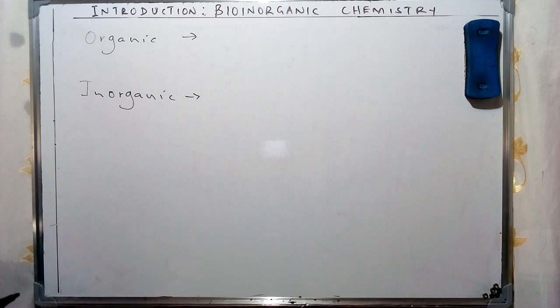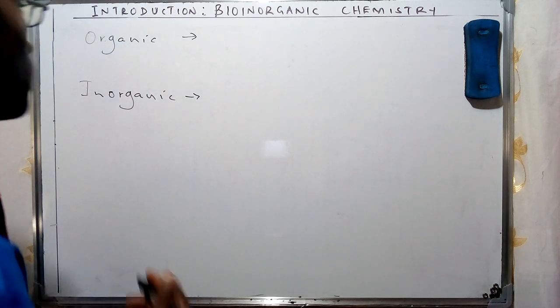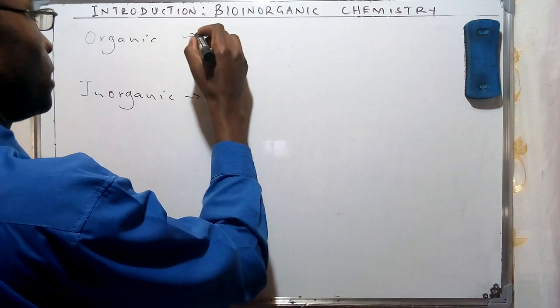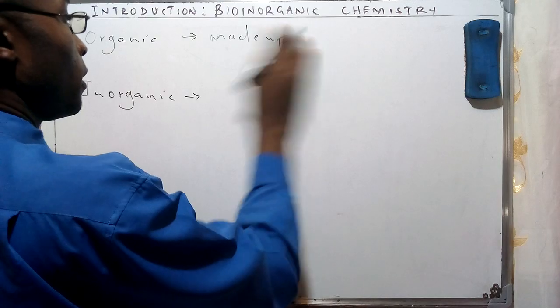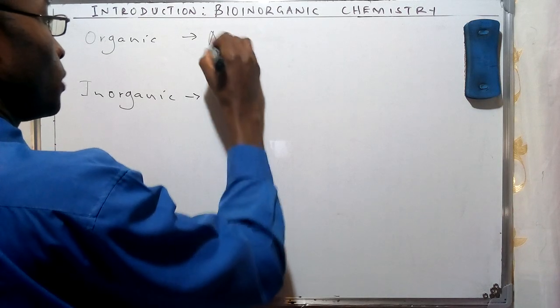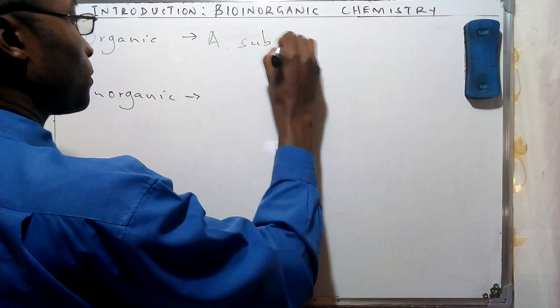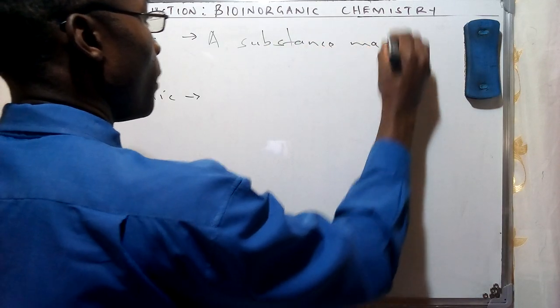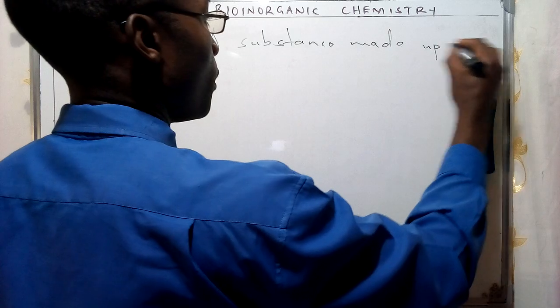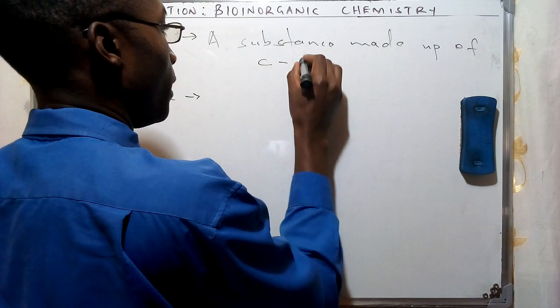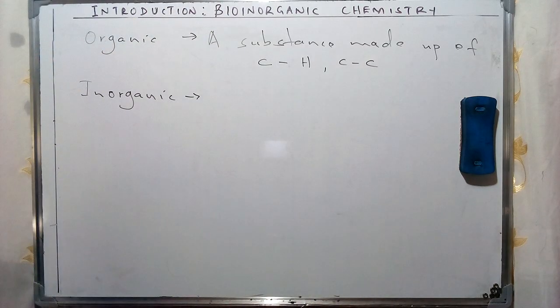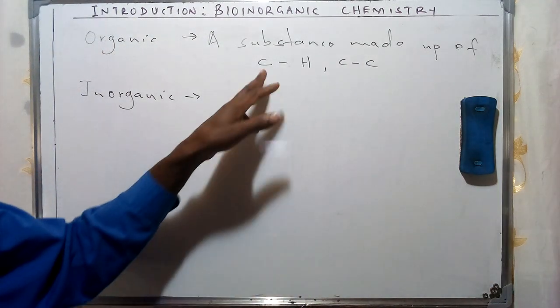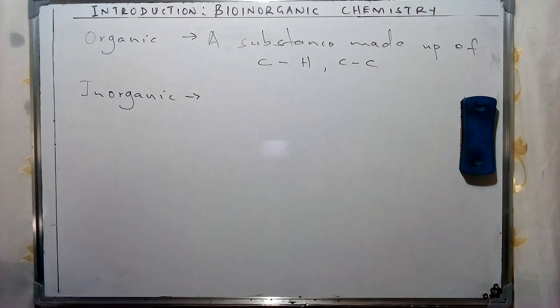These two branches are differentiated using a range of elements, whereby from the basic definition, an organic substance is a substance whose structure is made up of carbon and hydrogen. We can also give a different version of this definition as a combination of carbon and hydrogen, or a carbon bond.